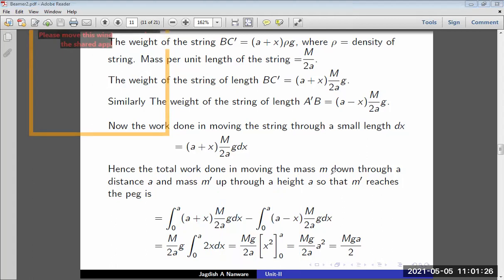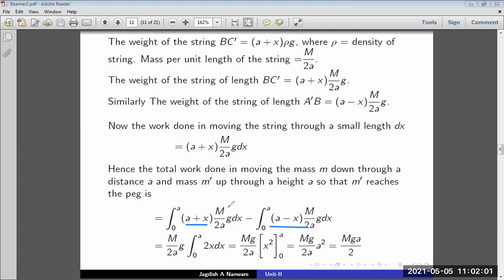in moving the mass m down through a distance a and mass m dash up through a height a, so that m dash reaches the peg. That means the string may be moved along the pulley, and therefore we have this integral minus this integral. Only this force is applied through this distance.